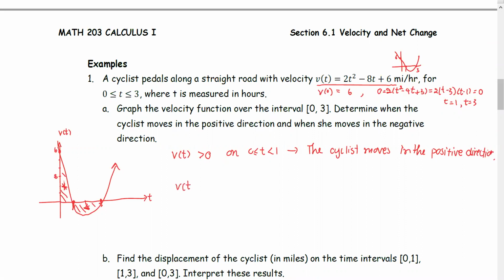The velocity is negative on the interval between 1 and 3. Therefore, the cyclist moves in the negative direction.